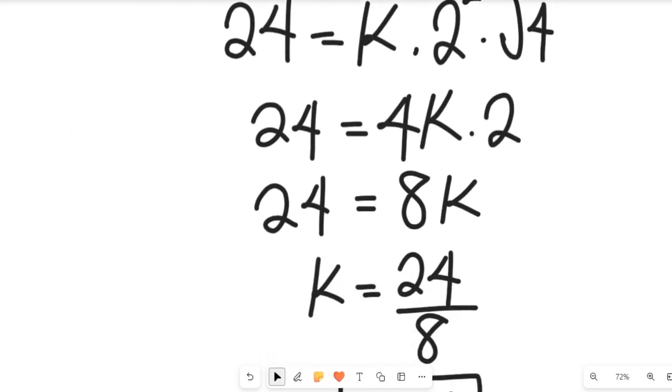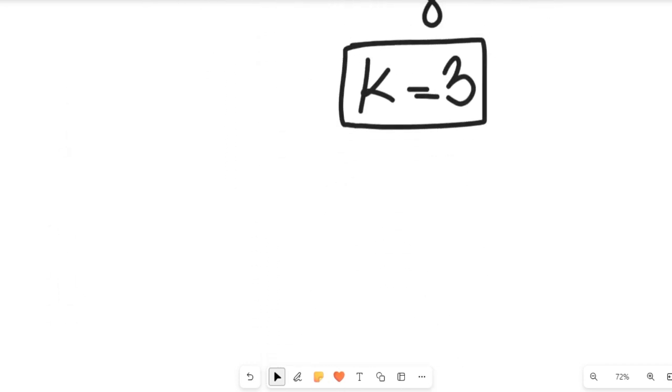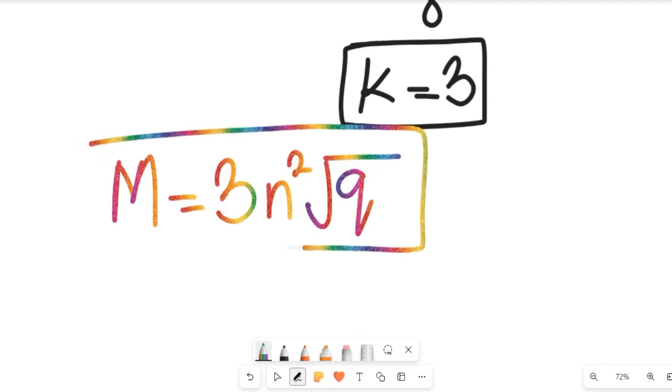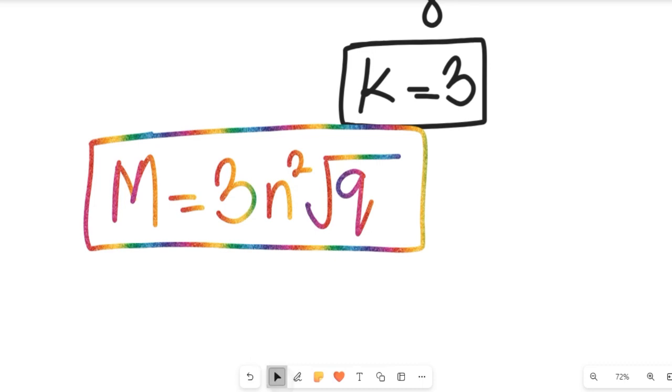Having seen the value of k, the relationship holding these three expressions will now be m equal to 3n squared multiplied by the square root of q, because our k is equal to 3.